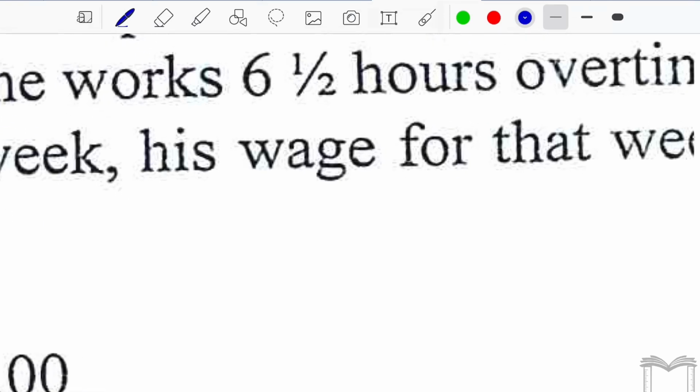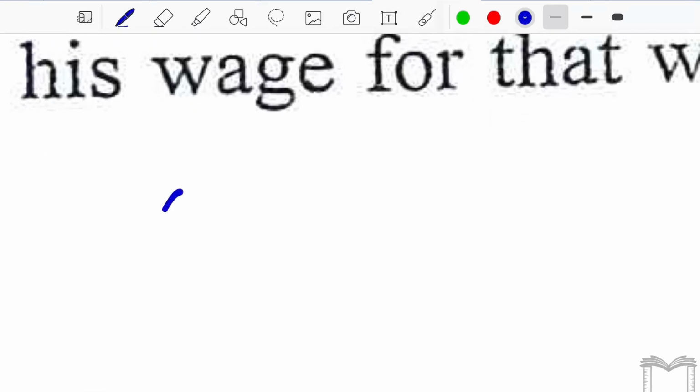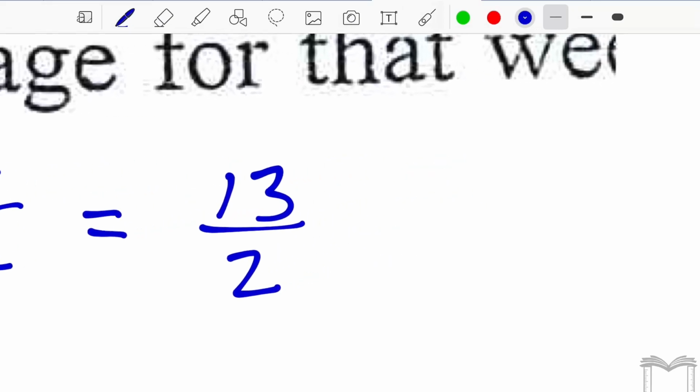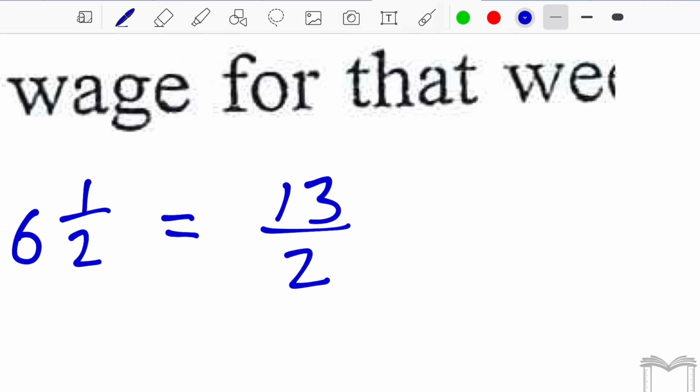So let's convert the 6.5 to an improper fraction. 6.5 can be written as 6 twos are 12 plus 1 is 13, so that's 13 over 2. So 13 over 2 hours multiplied by $5 per hour.